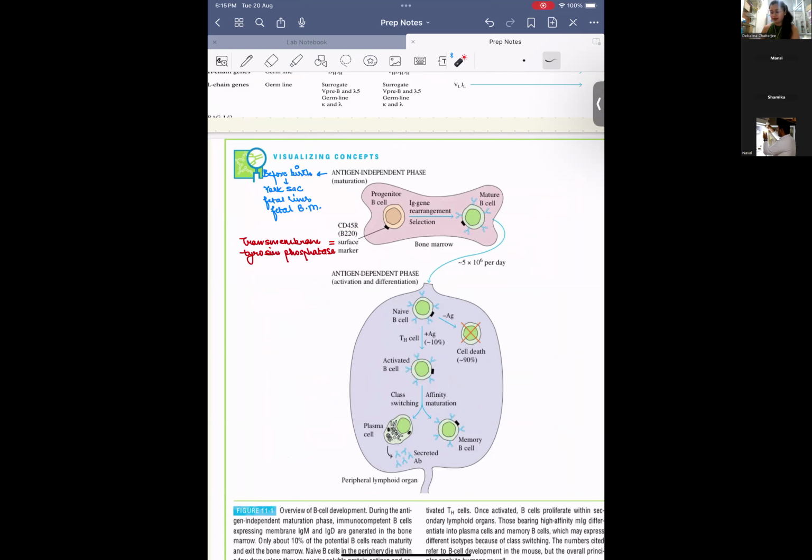We have the progenitor B cells, which express this very important surface marker CD45R, also called B220. Essentially, it is nothing but a transmembrane tyrosine phosphatase.